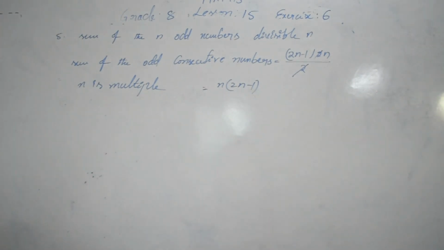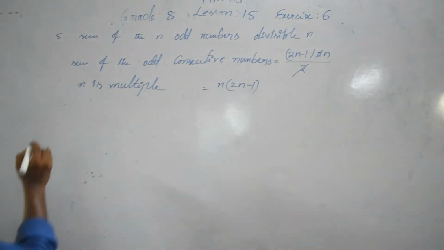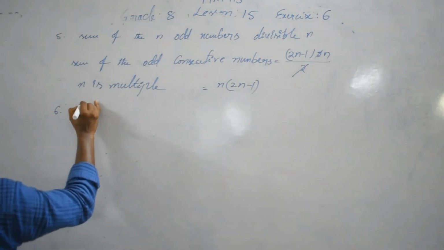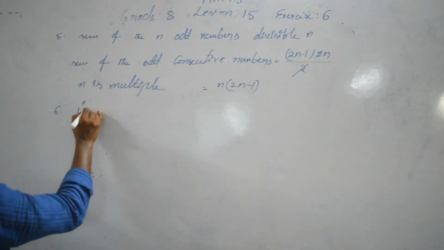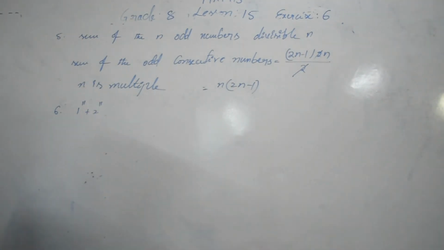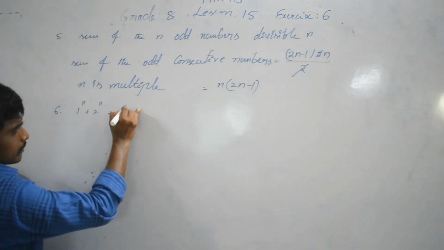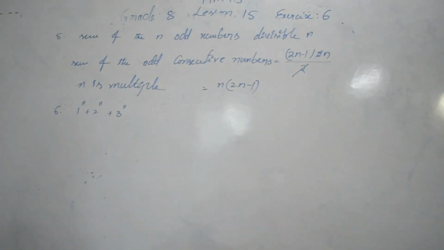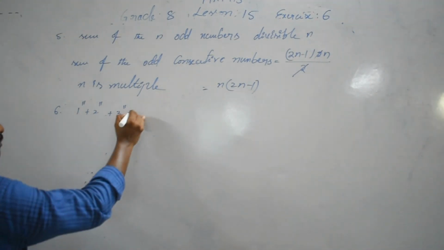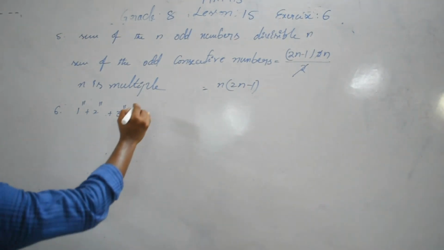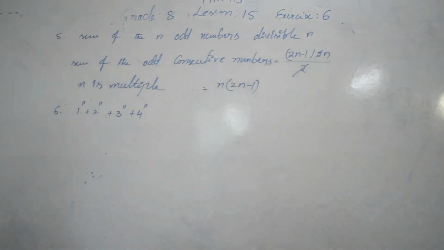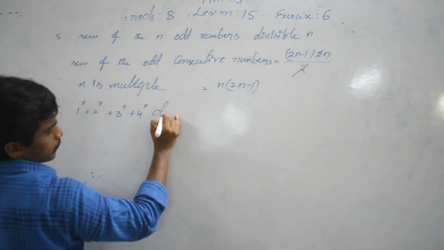Next one, sixth one: 1 power 11 plus 2 power 11 plus 3 power 11 plus 4 power 11 is divisible by 5.